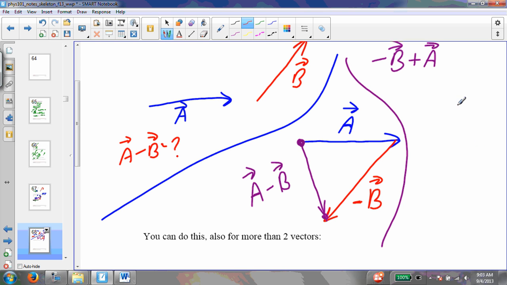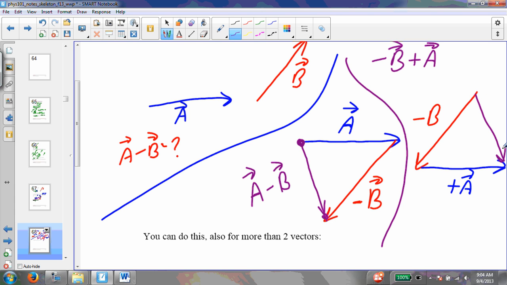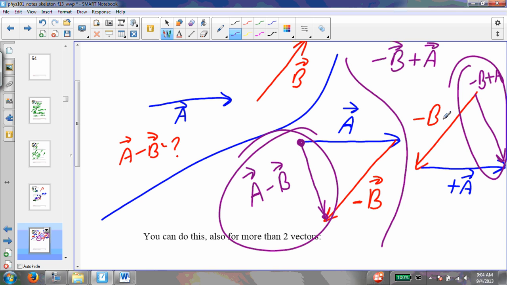So this is my vector negative B, and then I have positive A. My result is going to look like this, and that's going to be negative B plus A. But notice that it is the same vector as what I had over here.